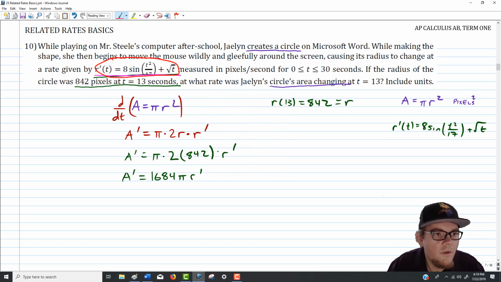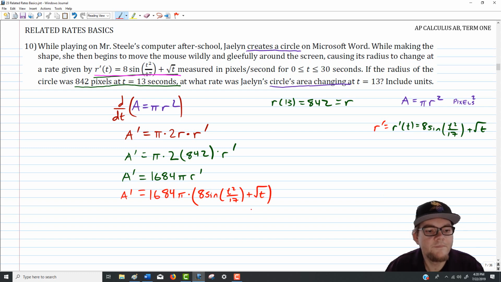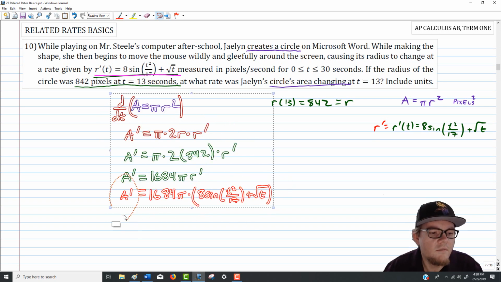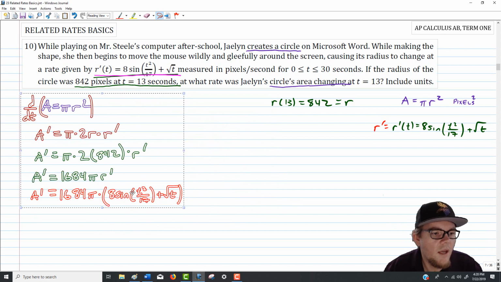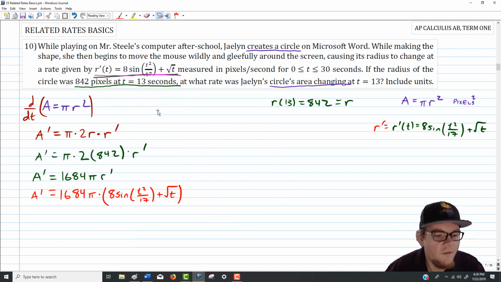If this is r prime of t, then that's just another way of writing r prime, which means this expression, A prime equals 1684 pi times r prime, is going to be multiplied times, with parentheses, 8 sine of t squared over 17 plus the square root of t. So this is the expression we need to calculate. We need our calculator to help us with, unless you're just really good at evaluating signs of quadratic binomials. But we can definitely make this happen.